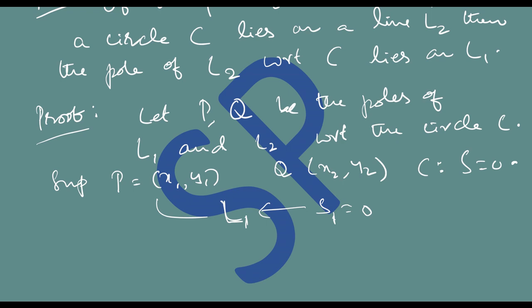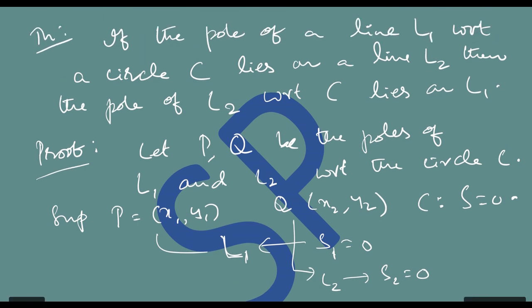Therefore, the equation of L1 is nothing but S1 equal to 0. Similarly, for Q, L2 is the polar because for L2, Q is the pole. Therefore, the equation of L2 is nothing but S2 equal to 0. Now the hypothesis of the theorem says that the pole of L1 lies on L2.